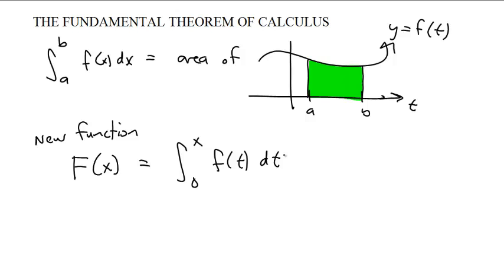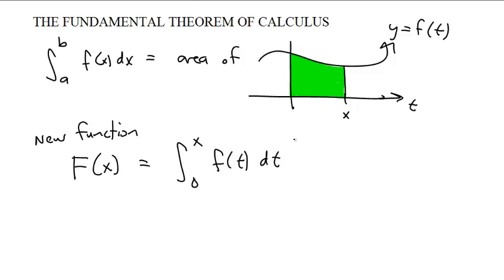What exactly does this mean? This means that x is now a t value, and if you have some point x on your curve, we are talking about the area from 0 up to that point.